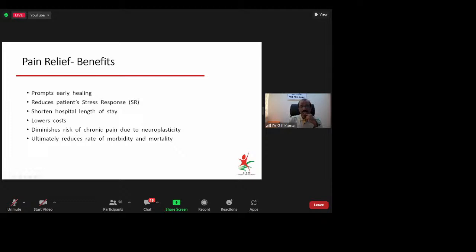Then there is the risk of chronic pain due to neuroplasticity. If you are not treating the acute pain, there is a 25% risk of developing chronic pain, which is very difficult to treat. Ultimately, reducing pain during acute procedures reduces the rate of morbidity and mortality.